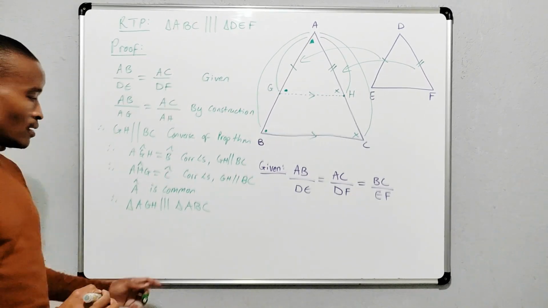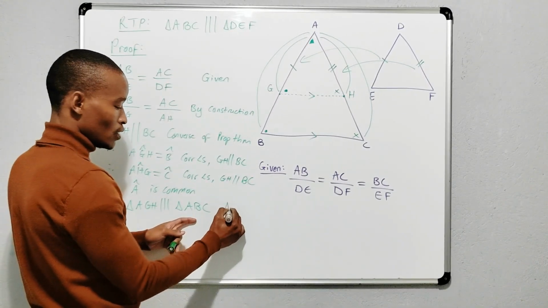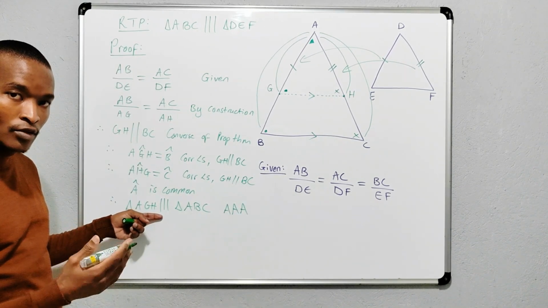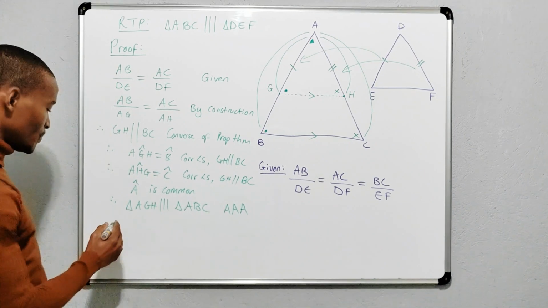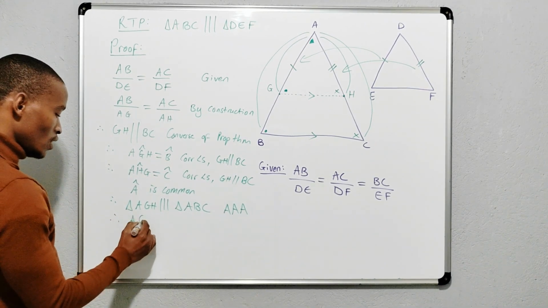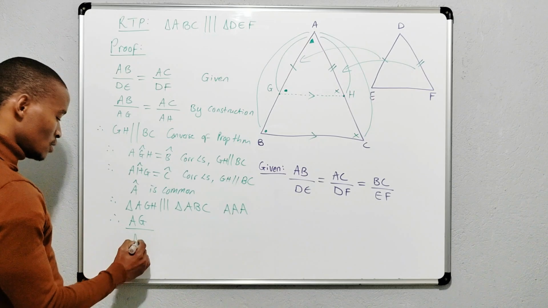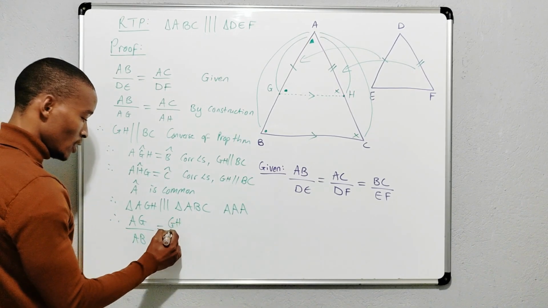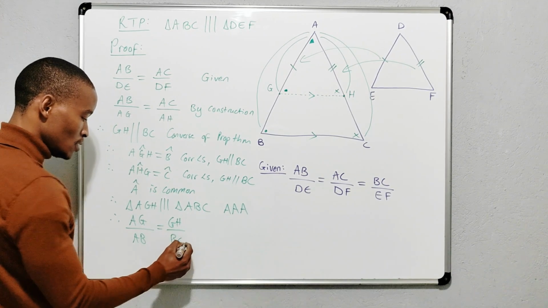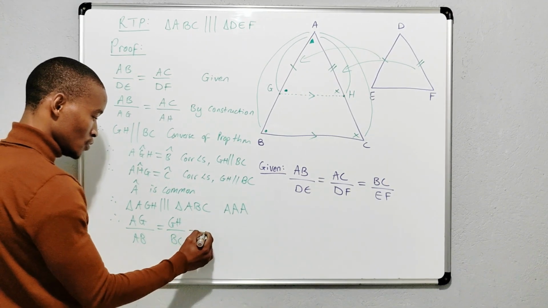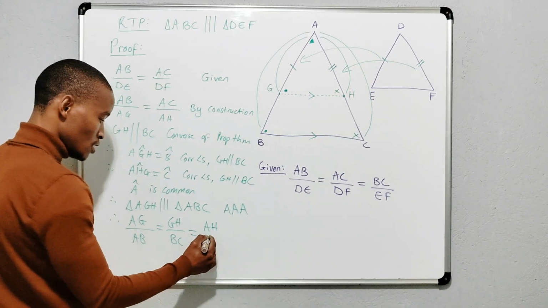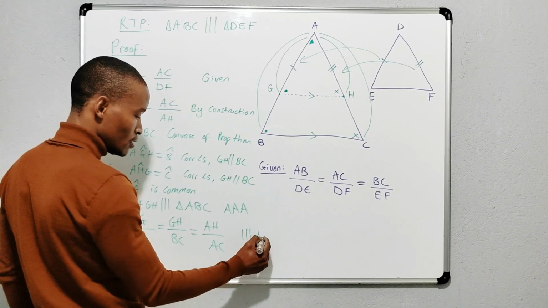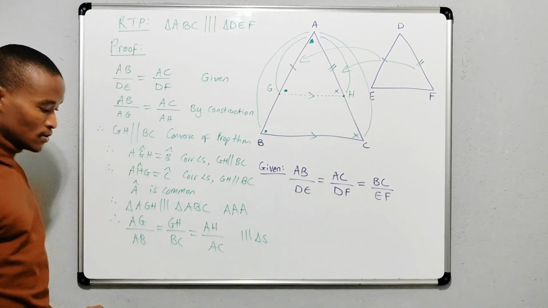Yes? By what condition? Equiangular triangles. So from here, can we introduce proportionality? Yes. Therefore, AG over AB is equal to GH over BC, which is equal to AH over AC by similar triangles.